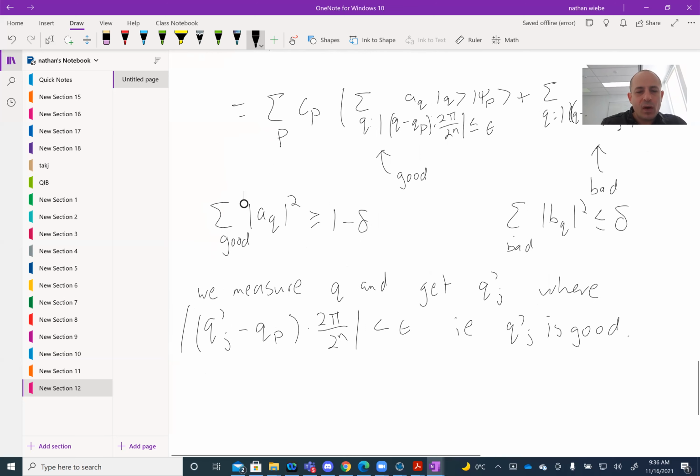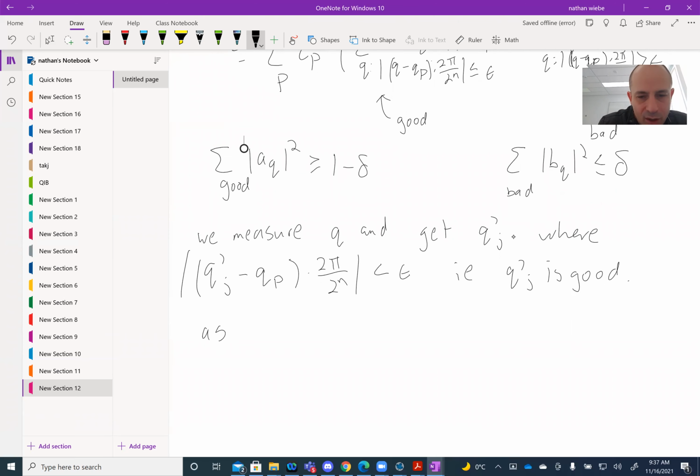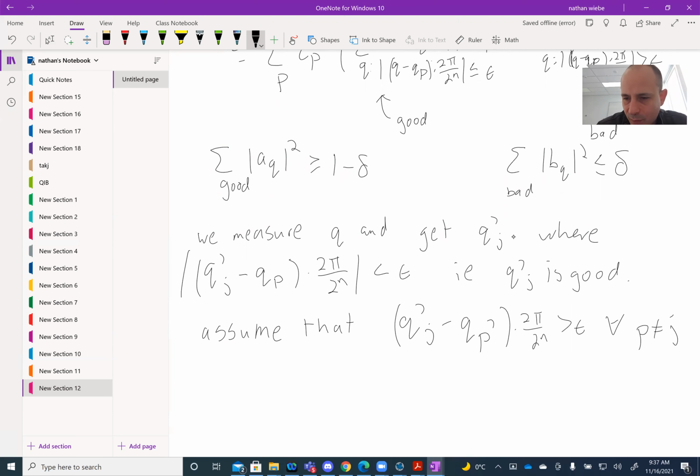And further, assume that q prime_j minus q_p' times 2π over 2^n is greater than epsilon for all p not equal to j.